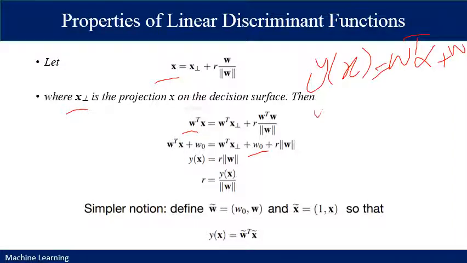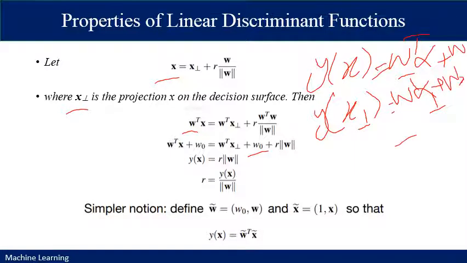We also have the assumption that for the projection of x, w transpose x plus w0 is always equal to 0. By substituting these values, we get the distance from the decision surface by the following formula, which is our linear function y(x) divided by the norm of the weight vector. We also introduce an additional dummy input value, which we have been using in the previous few lectures.